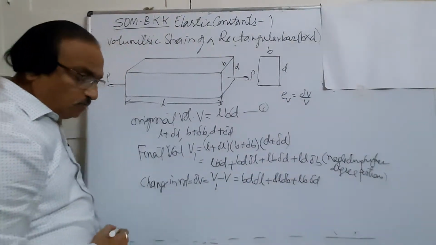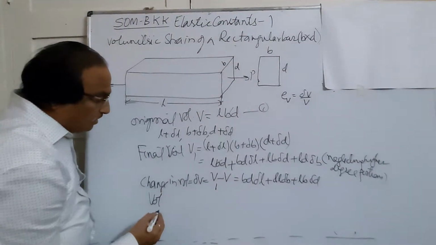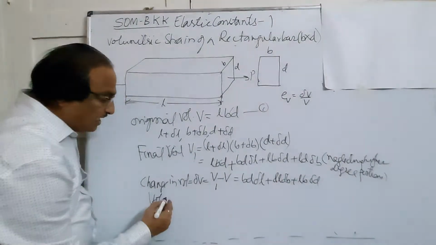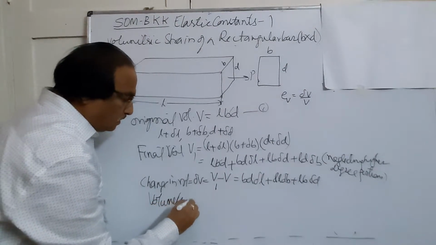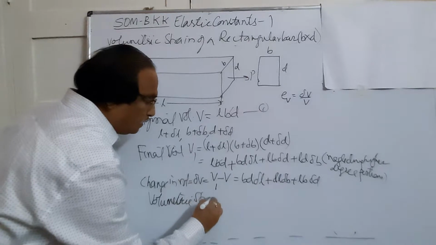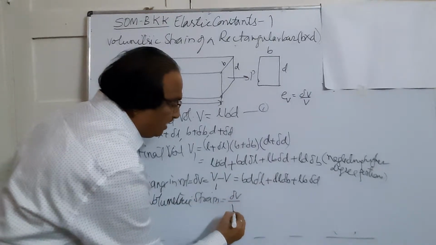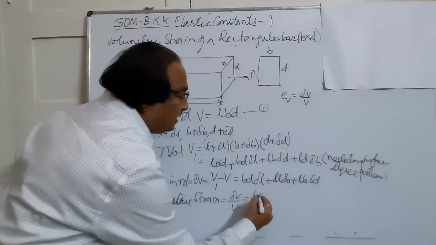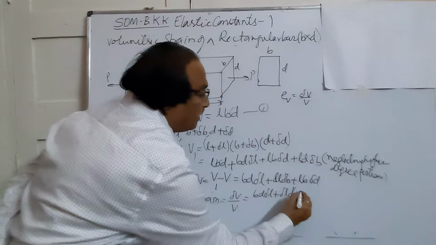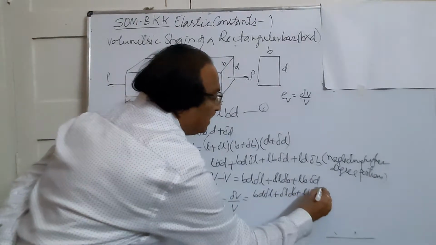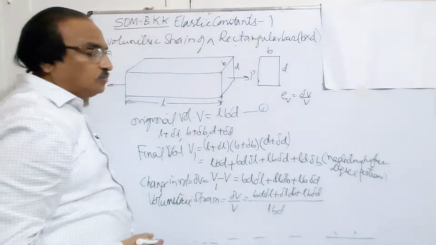So this change in volume, if I divide by the original volume, we get volumetric strain. So it is given by delta V by V. This will be equal to BD delta L plus DL delta B plus LB delta D divided by LBD, that's the original volume.